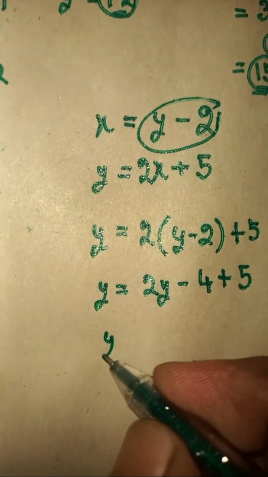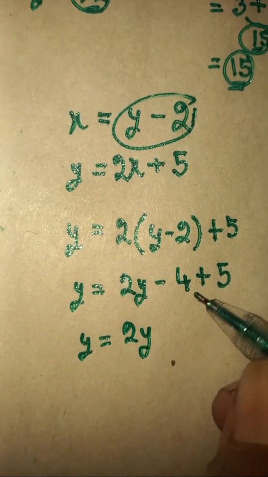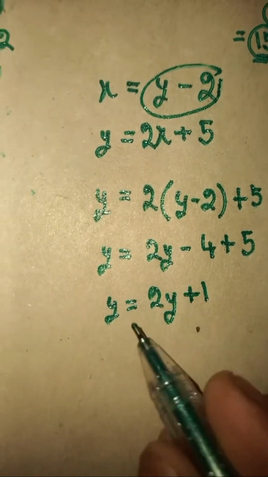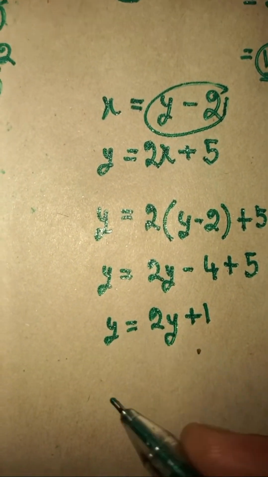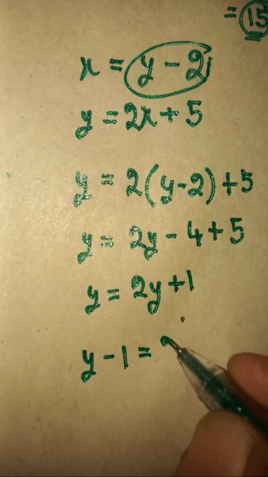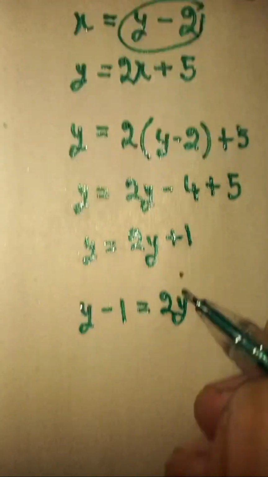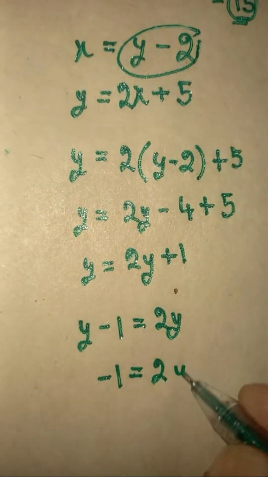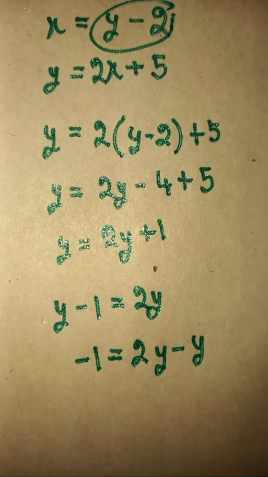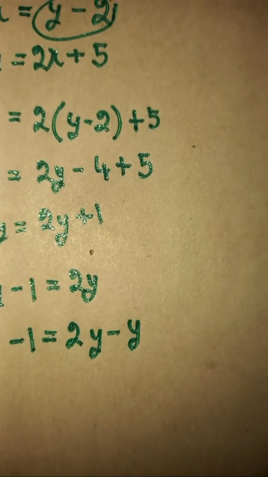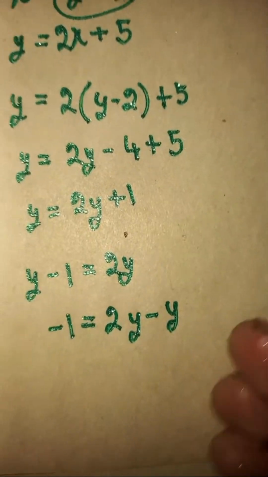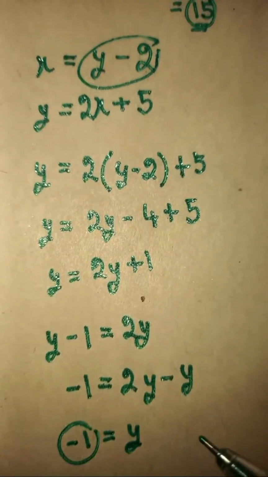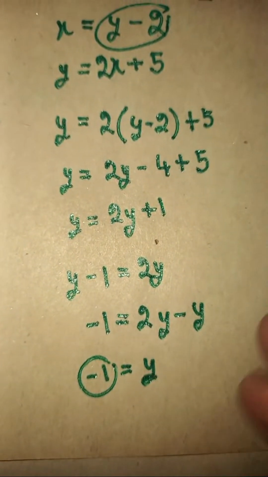This is going to become y equal to 2y minus 4 plus 5 is plus 1, and send this plus 1 that side, and it's going to become y minus 1 equal to 2y, and send this y this side, it's going to become minus 1 equal to 2y minus y. Now you can write this completely like this, that is minus 1 equal to y. Now we find out that y value is minus 1.